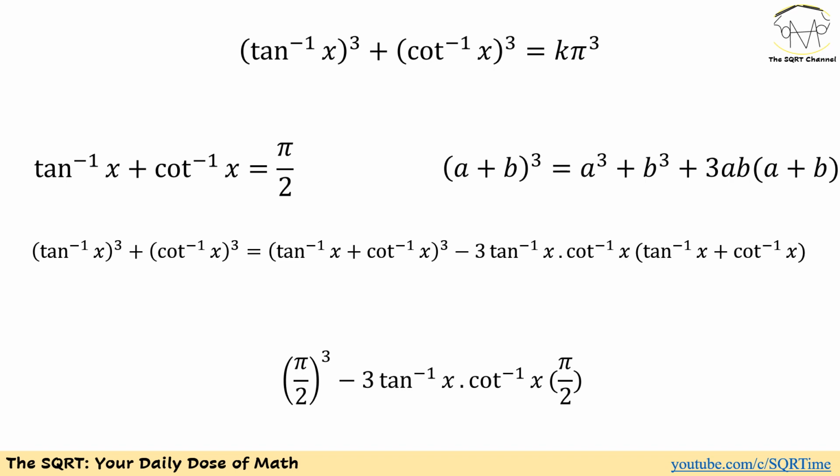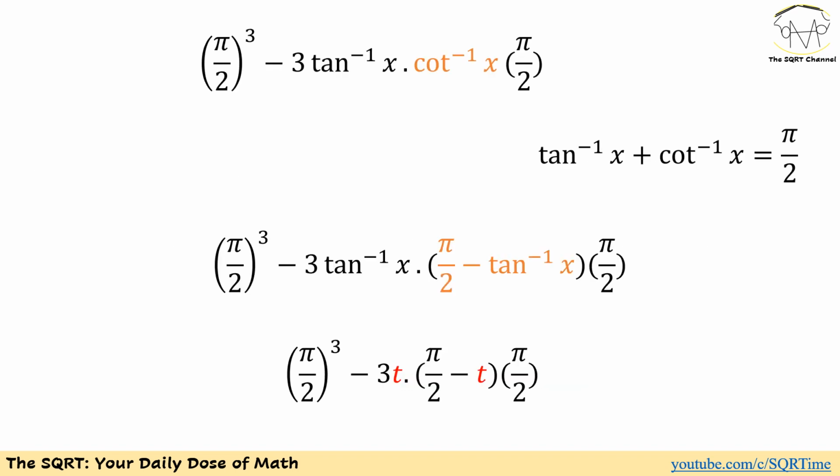Now we are going to replace inverse tangent of x plus inverse cotangent of x with pi over 2. If we do this, we are going to face the equation that you are seeing here. We are going to have pi over 2 to the power of 3 minus 3 times inverse tangent of x times inverse cotangent of x times pi over 2.